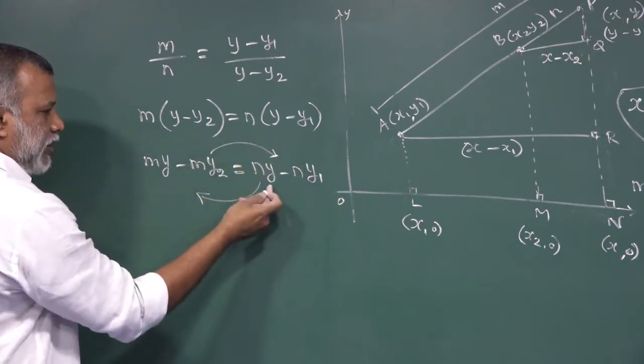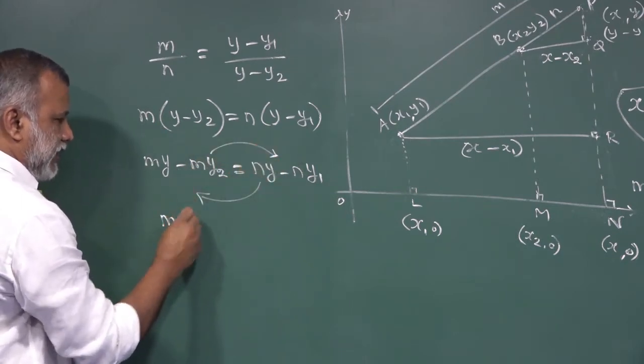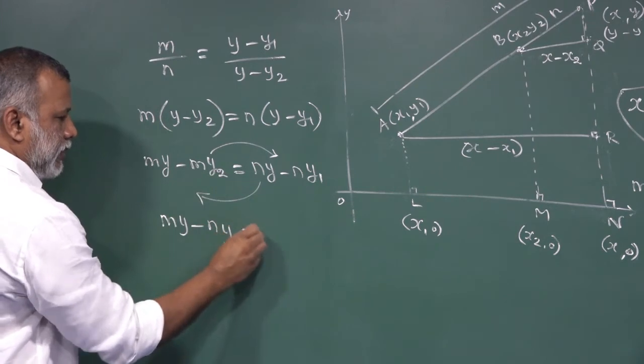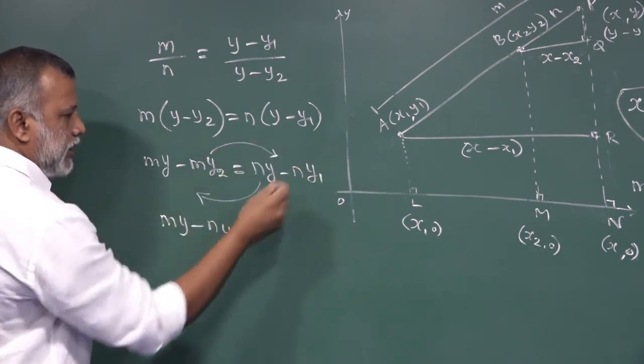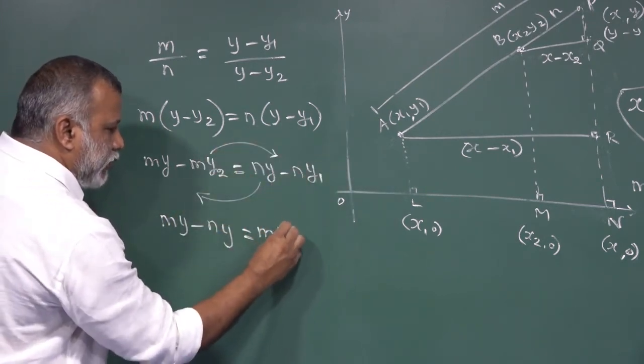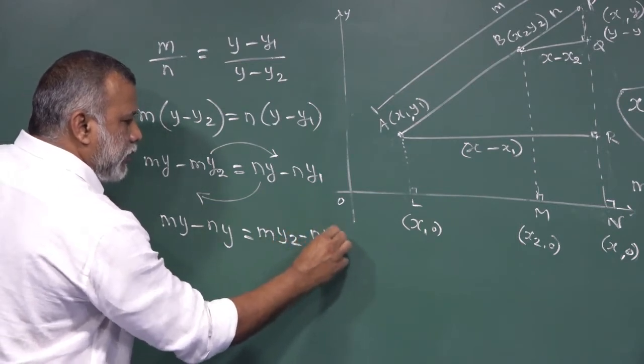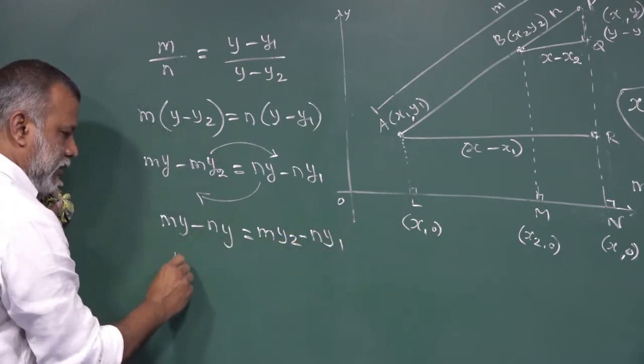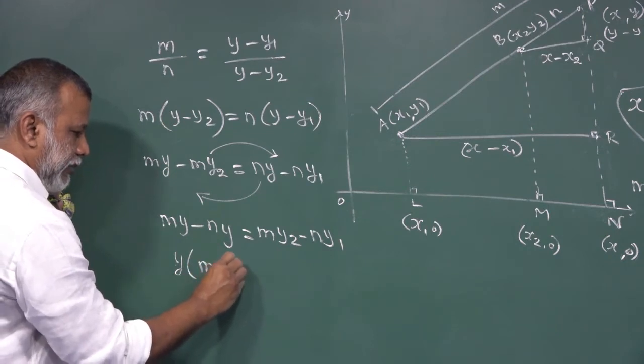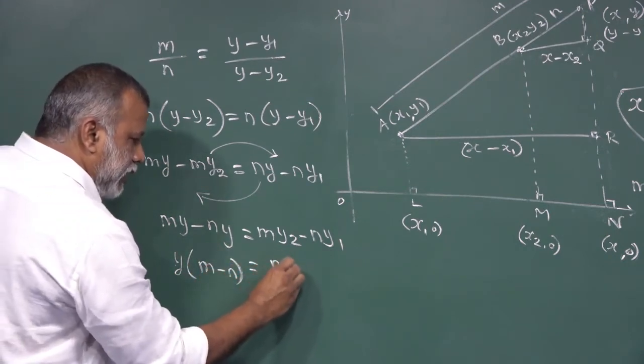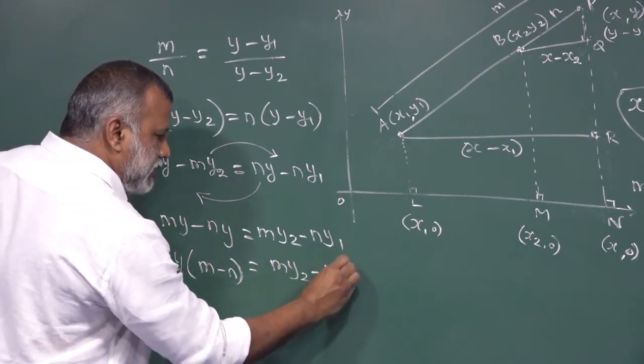If you are converting it to the other side, we get the negative. Here minus my2 goes to the RHS, it will become positive: my2 minus ny1. We are able to take y as common. The remaining is m minus n, that is equal to my2 minus ny1.